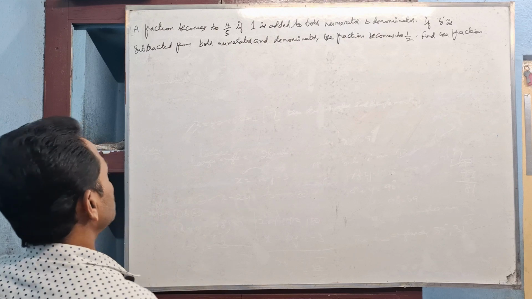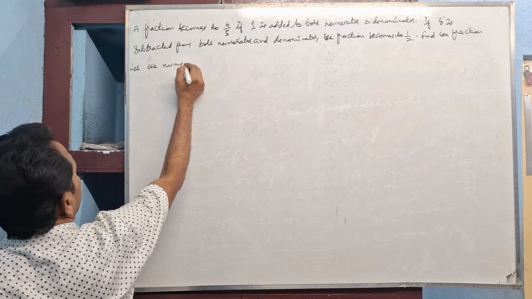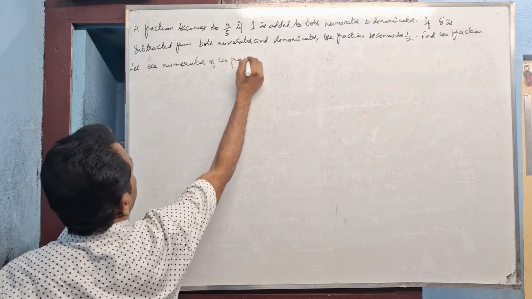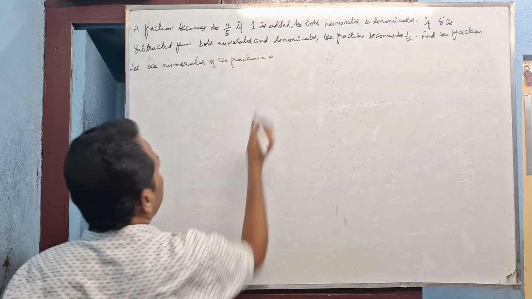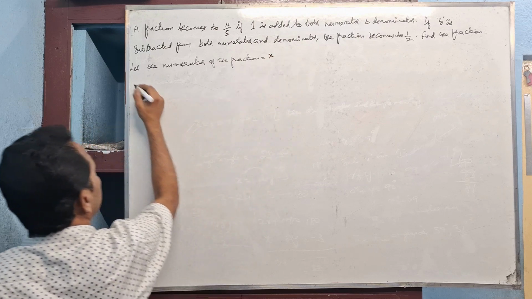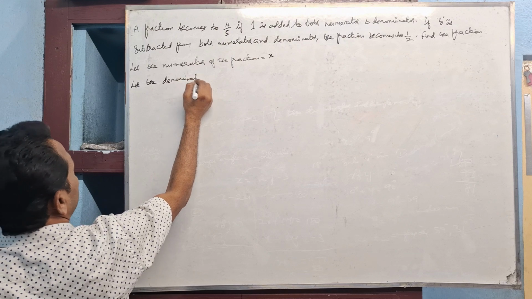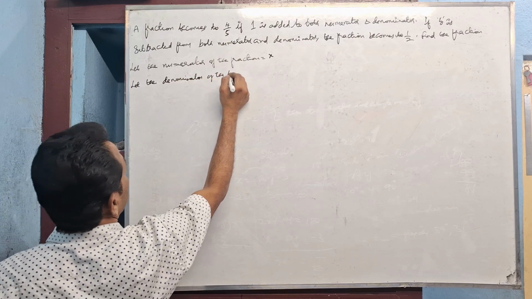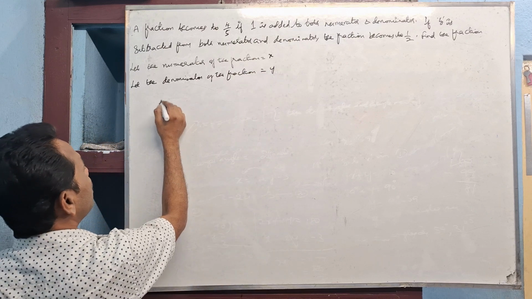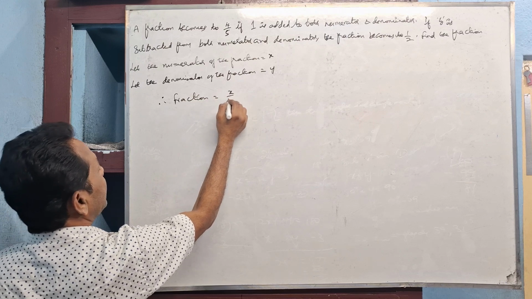Now let the numerator of the fraction be x, and let the denominator of the fraction be y. Therefore, our fraction is x by y.